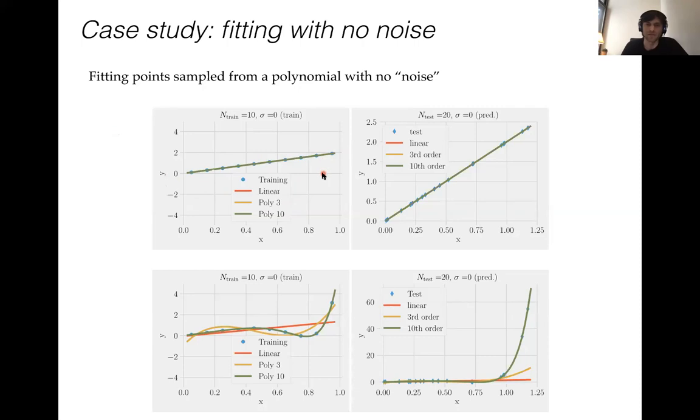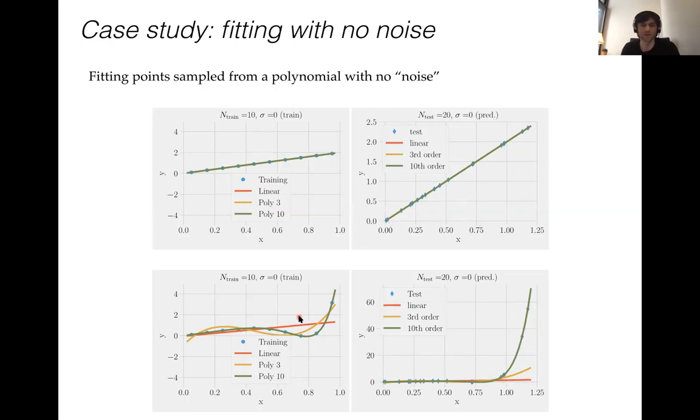If I then sample new points from the line that originally generated the data, in the domain 0 to 1 where I initially had training data, but then also go beyond the domain where I originally sampled points, you see that all three of these models, and you can't see the colors because they're all on top of each other, are doing a perfect job of not only fitting the data that I asked them to, but actually predicting on new data that I'm testing on.